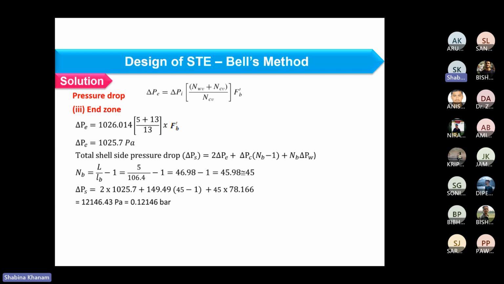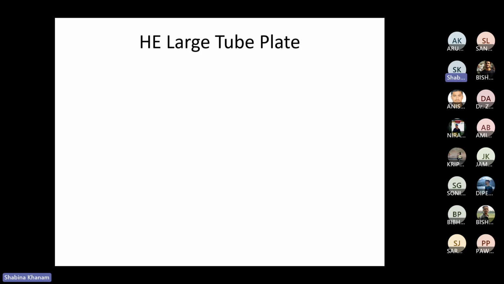So if any one of you is interested to read that, you can refer to that book. If that book is not available to you, please let me know. In that book, the stream analysis method is given after Bell's method. Okay, so in that way we complete the design of shell and tube heat exchanger.